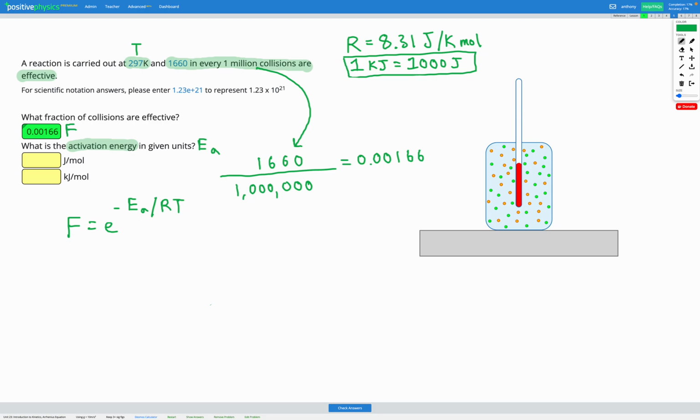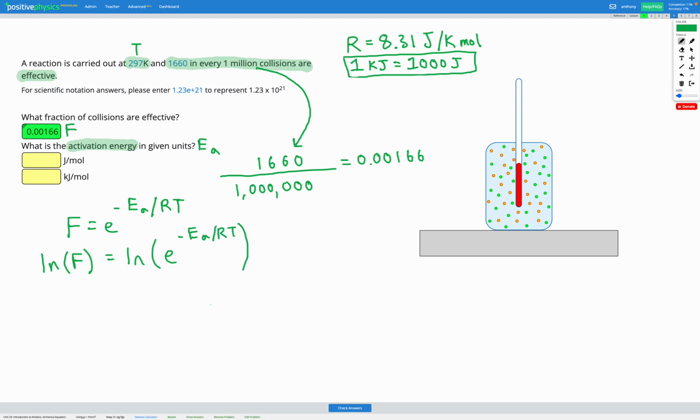However, we need to rearrange it to find the activation energy. Right now, we have e to the power of negative activation energy divided by RT. In order to get rid of the e to the power of, we're going to have to take the natural logarithm, ln, of both sides. So let's do that now. We're going to have ln of F, and we're going to have ln of e to the negative activation energy divided by RT.